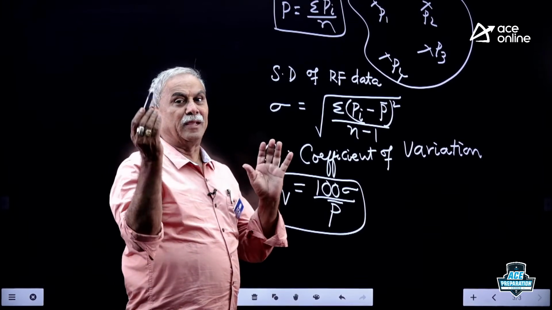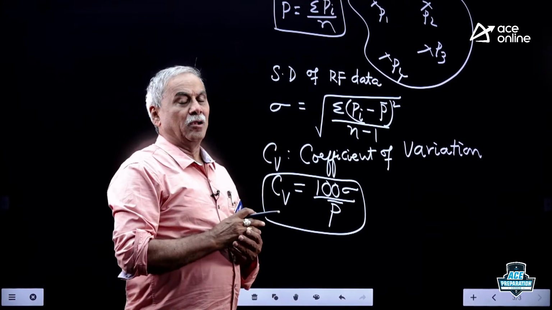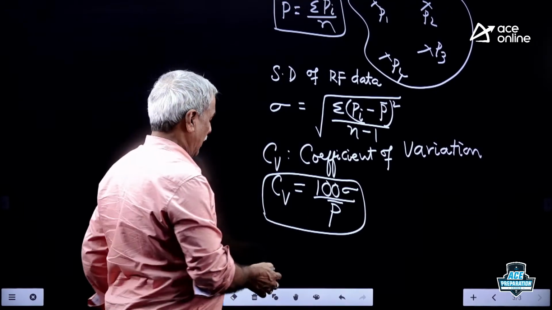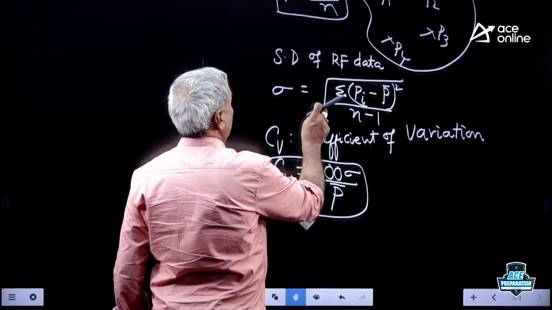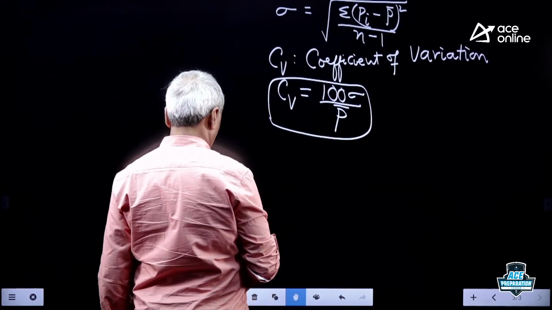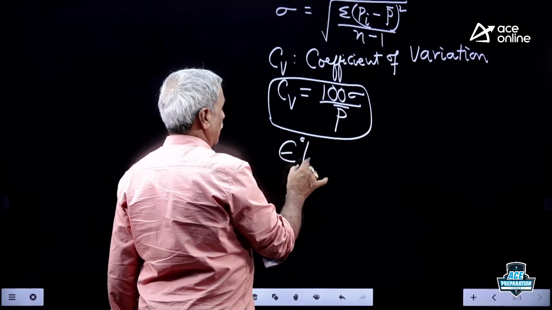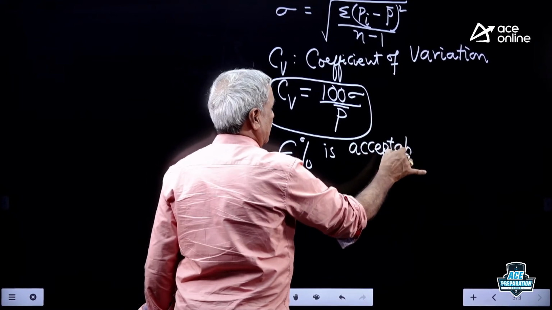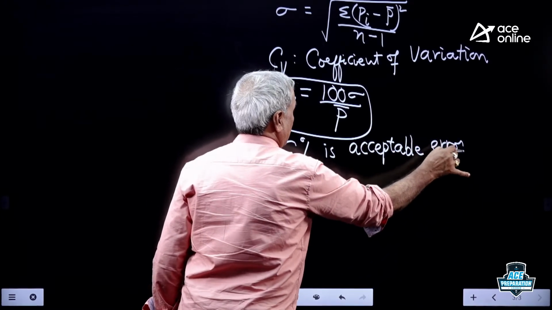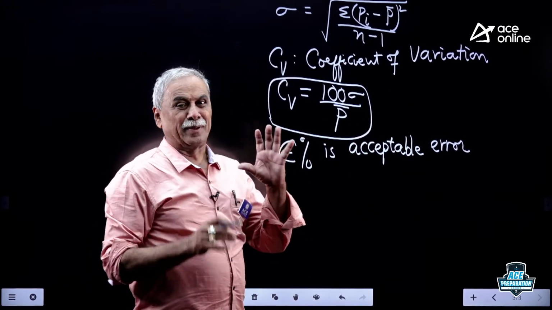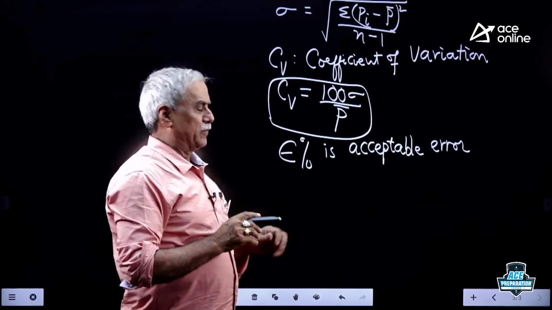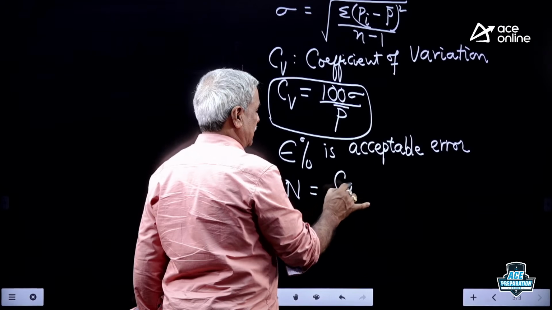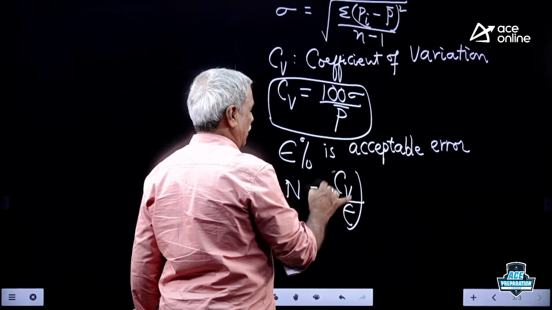Coefficient of variation comes from the rainfall data of already existing rain gauge stations, which is nothing but the minimum number of rain gauge stations. Then if epsilon is the acceptable or permissible error in the measurement of rainfall data, epsilon percent, I can get the optimum number of rain gauge stations N equal to CV by epsilon whole square.